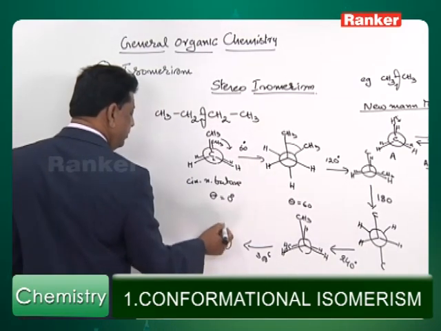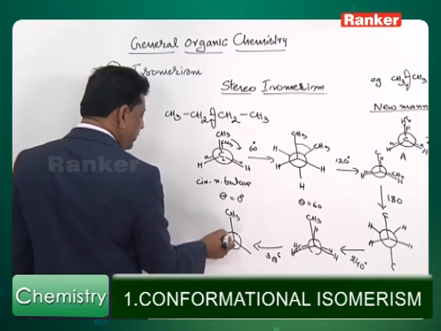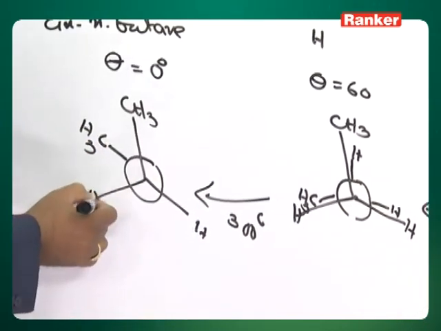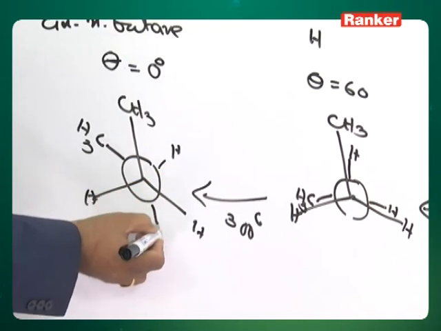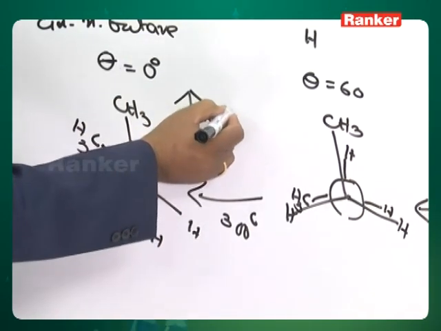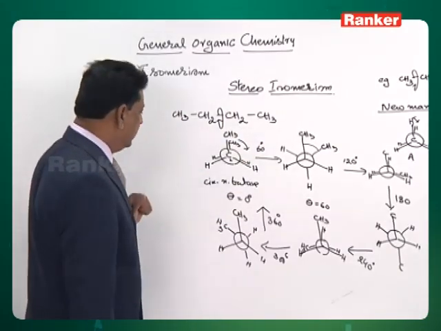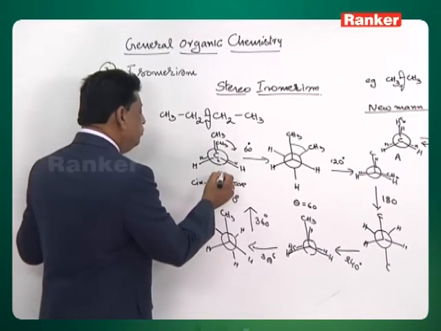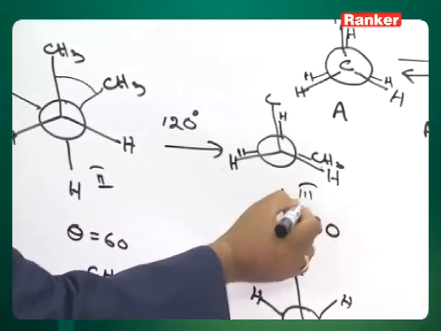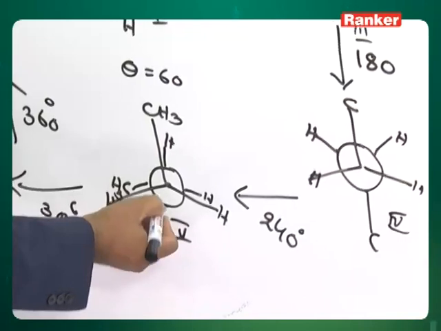So you will get the first methyl as a standard, top one, and the second methyl will be opposite to this hydrogen. And at 360 degrees, if you rotate, you will get back the original one. So there are 6 conformers coming. Let us say 1, 2, 3, 4th one, 5th one, and the 6th one.